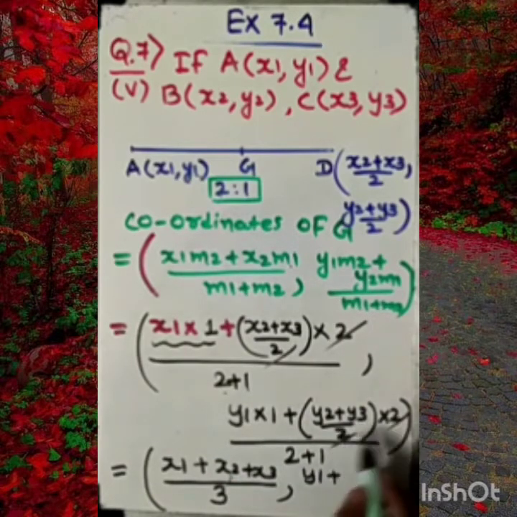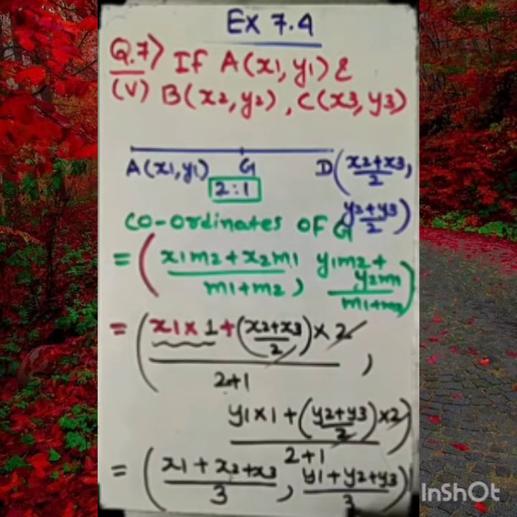Now this 2 cancels, so here we have y2 plus y3, divided by 2 plus 1, 3. This is the simplification with the section formula for finding the coordinates of point G. That is x1 plus x2 plus x3 divided by 3, comma, y1 plus y2 plus y3 divided by 3.